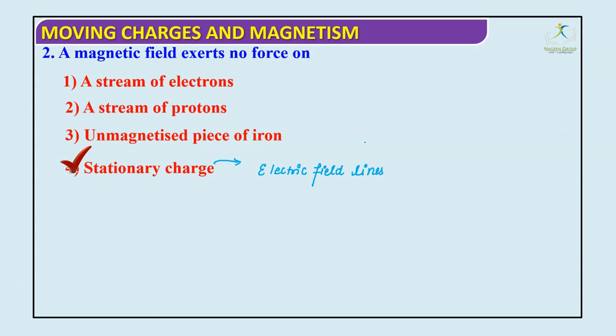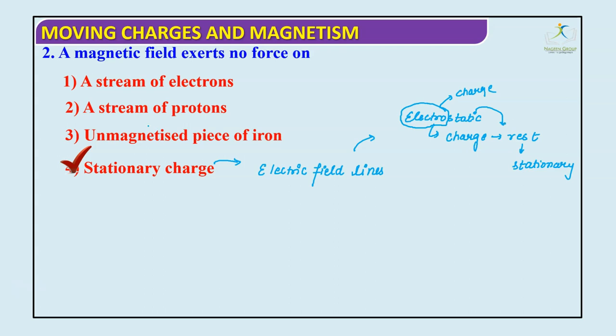I hope in the first chapter you have studied the topic electrostatics, which is the part about charges at rest, that means stationary. As its name says, electro relates to electricity or charges, and static means rest. So a static or stationary charge produces only electric field lines.